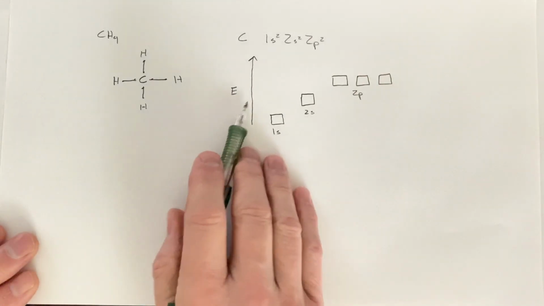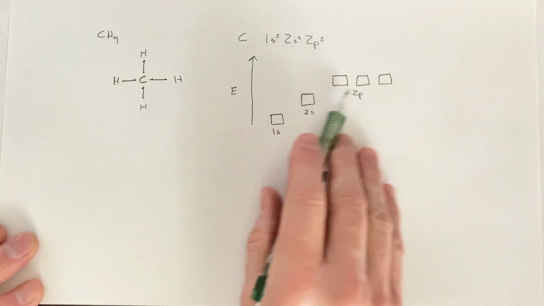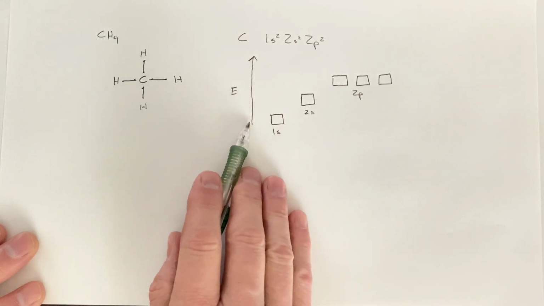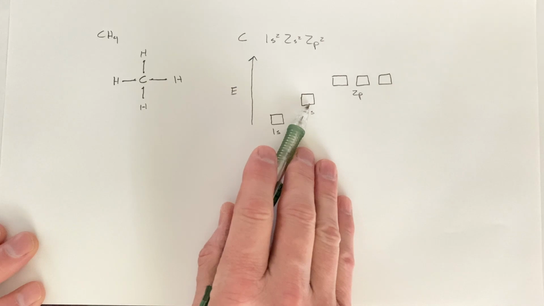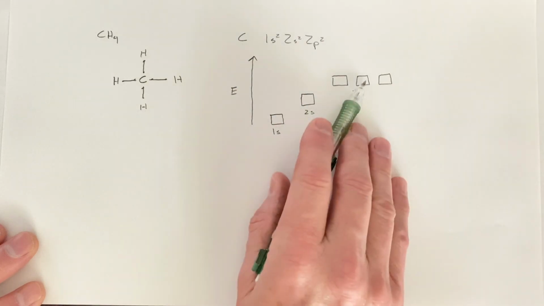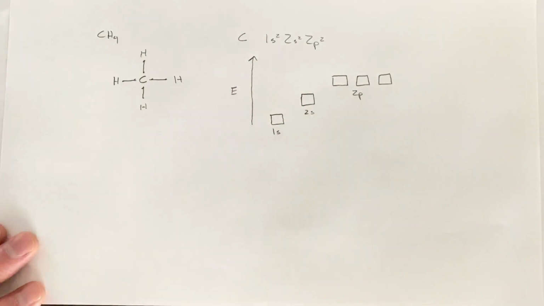We look at the electrons in the second shell and we say, well, we have 2s electrons and we have 2p electrons. Remember, the 2p electrons are further from the nucleus than the 2s electrons. They are at higher energy, and as we look at our orbital diagram, this matches. We say that the 1s electrons are lower in energy, the 2s electrons are a little higher in energy, and the 2p electrons are even higher in energy.